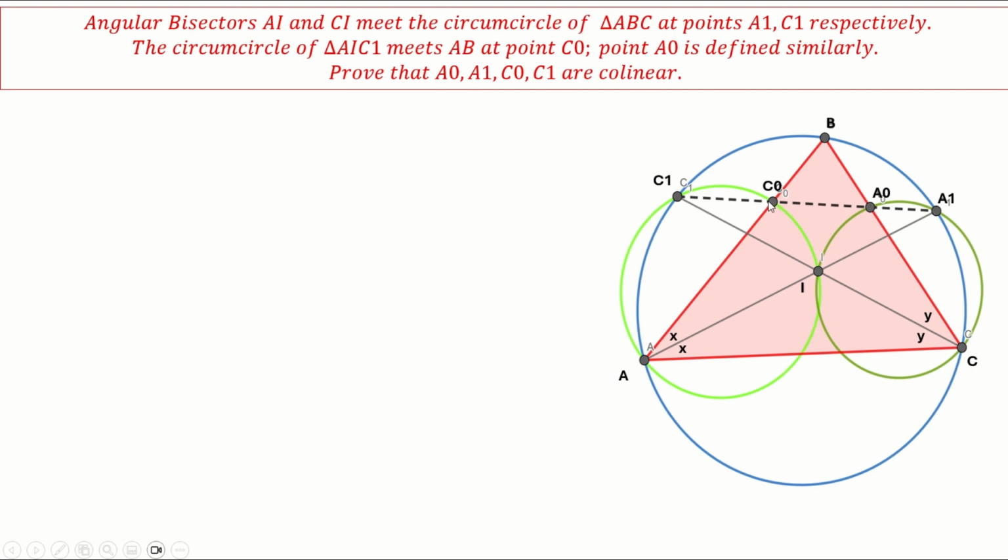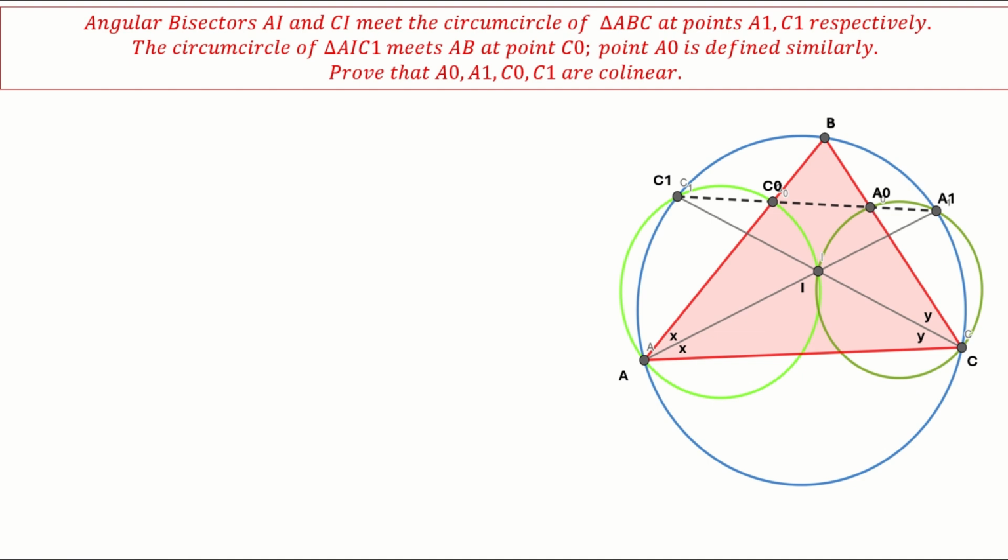This is meeting the triangle at C0, triangle at C0 and circle at C1, because this is extended and this is the triangle I'm talking about. So obviously it will go through these 3 points anyway. This is the circumcircle, and the point here is C0. Similarly, the circumcircle of A1IC is the dark green line, and it meets the triangle at A0.